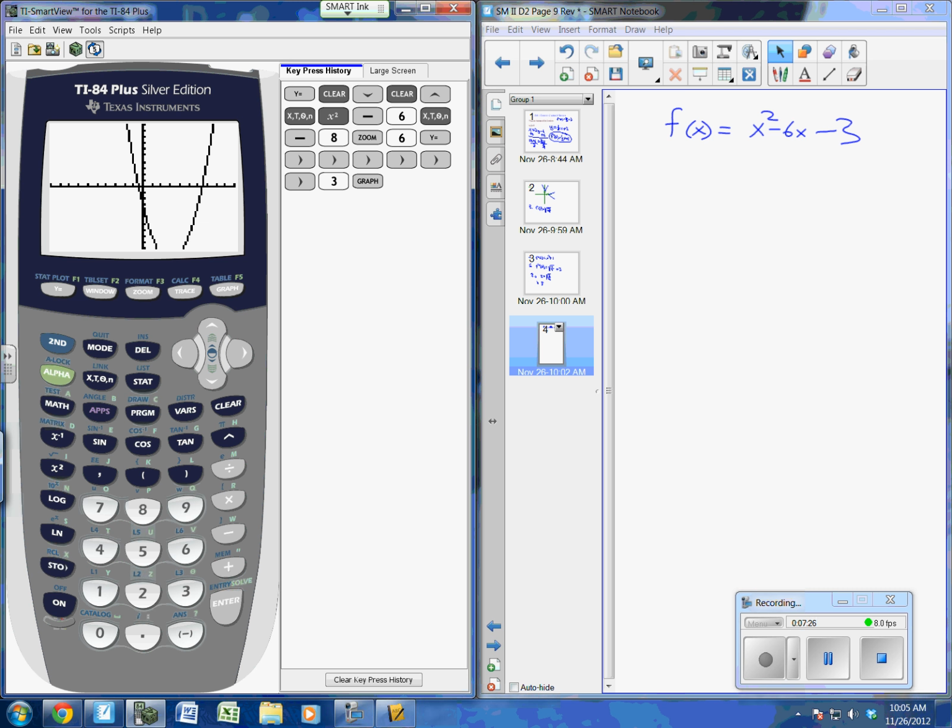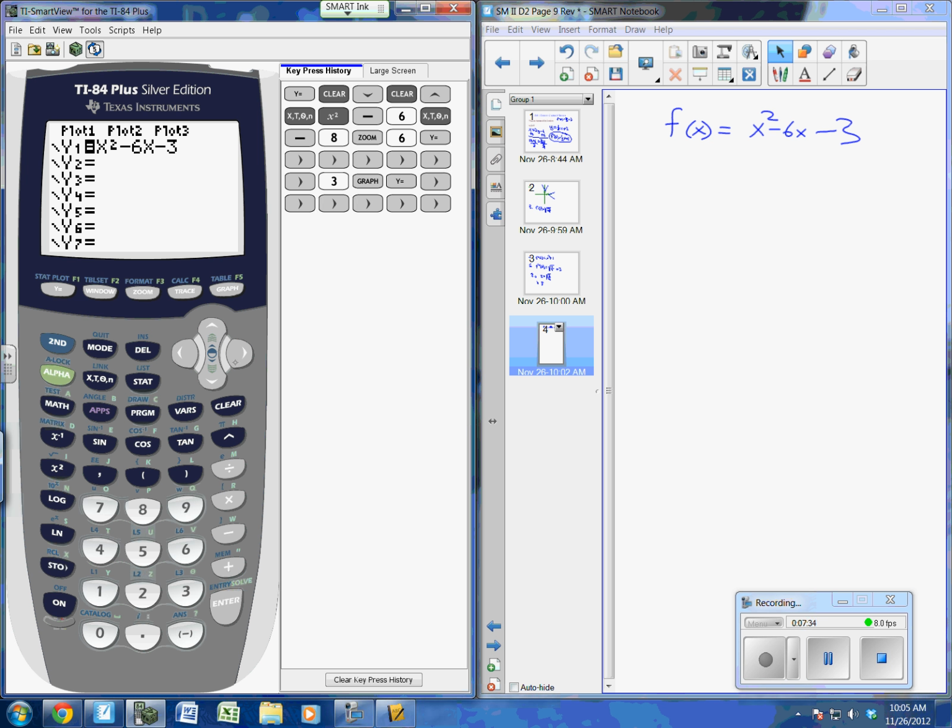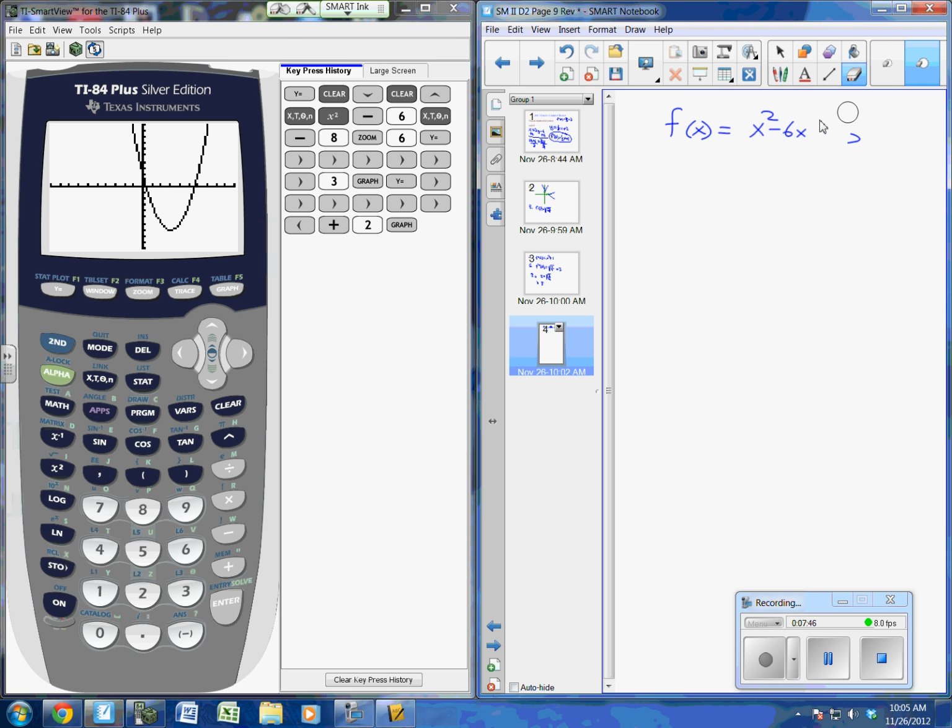Not as bad. Let's put plus 1. Well, let's put plus 2, yeah. There we go. Everybody graph that one. Plus 2. So we'll erase this. Plus 2. I'm just making one up.